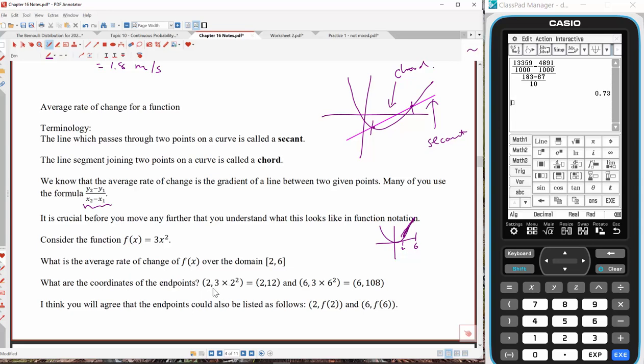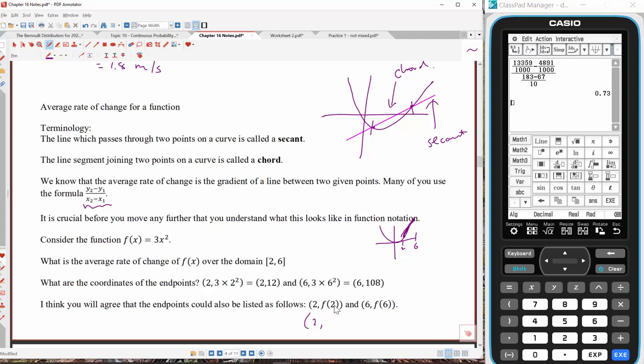Well, I've got 2, comma, and then the y value of 2 put into the function is 12. And I've got 6, comma, and 6 put into the function is 108. Now, I think you'll agree that the endpoints could also be listed as 2, comma, and this is where the y value goes, and y is a function of x.